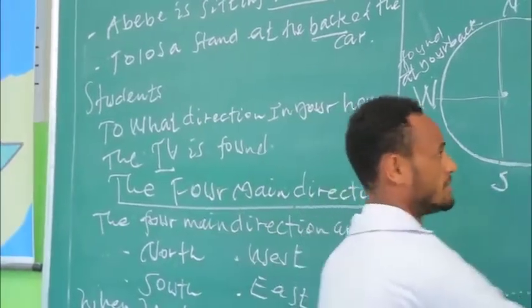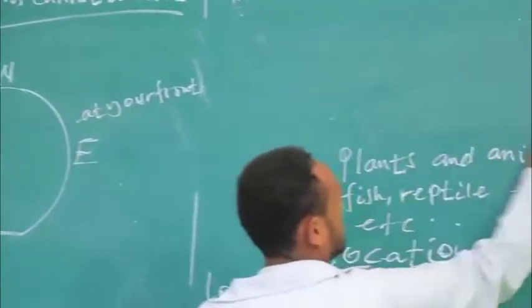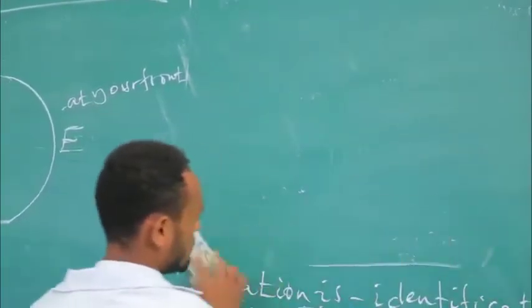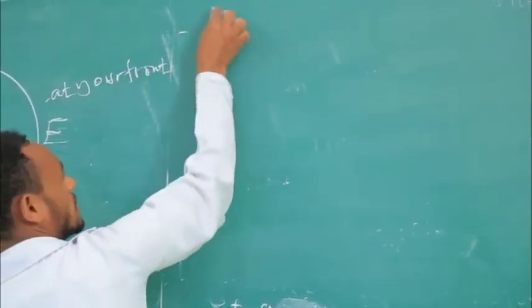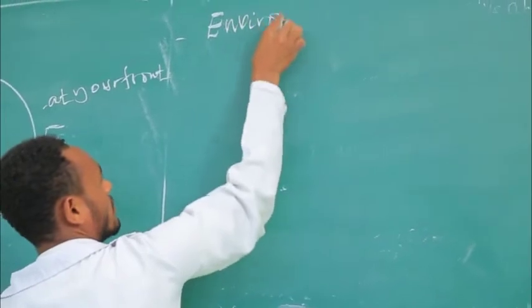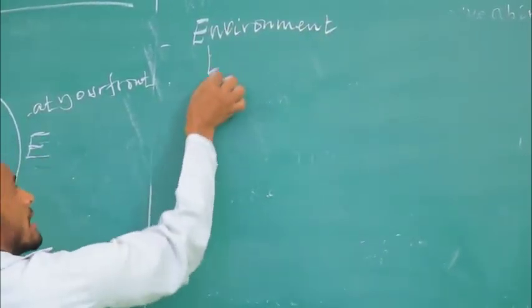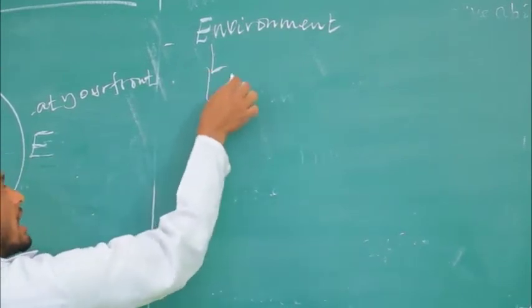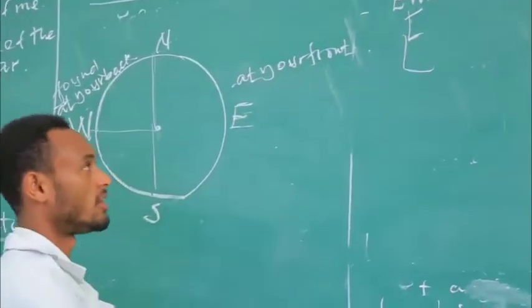Let me summarize one by one, students. The first one is, what is environment? Environment is the sum total of all living and non-living objects.